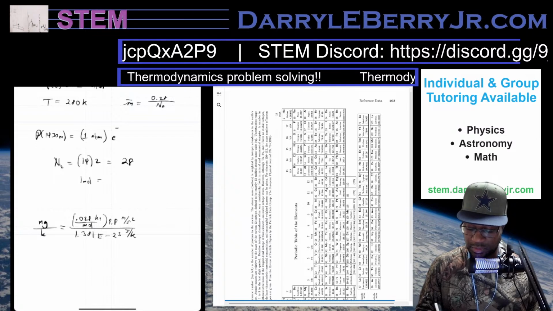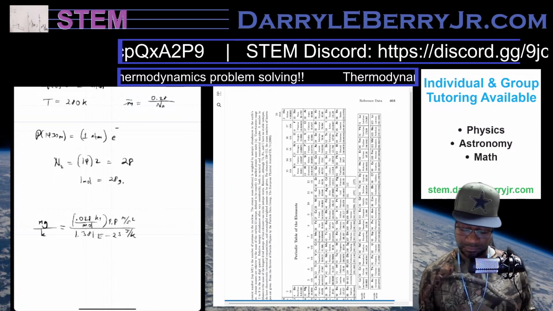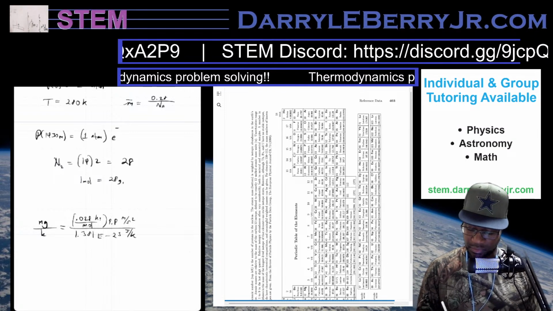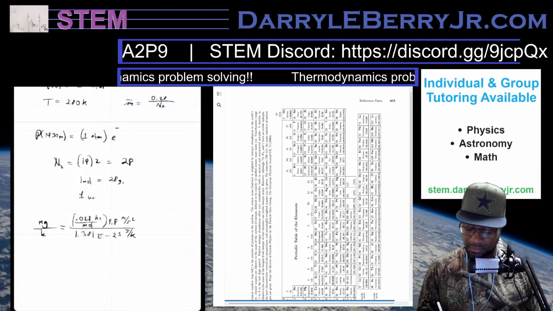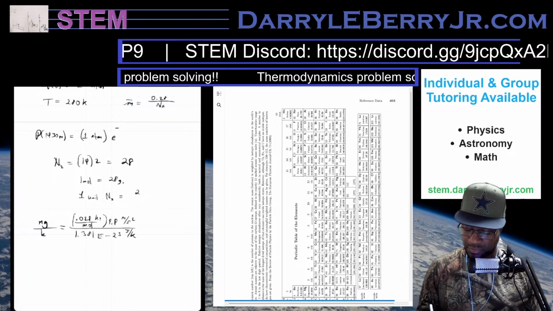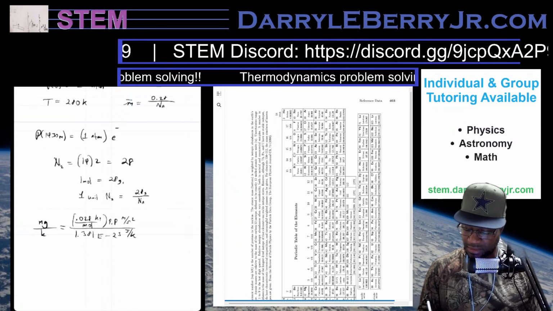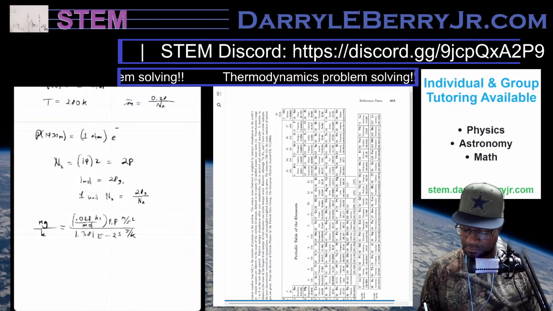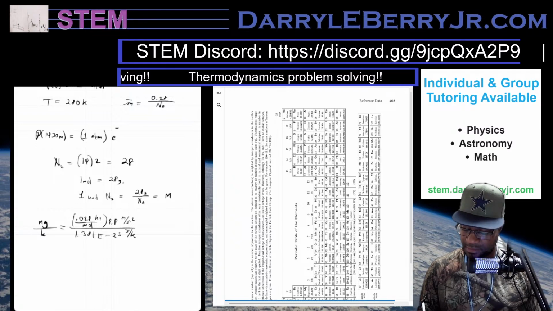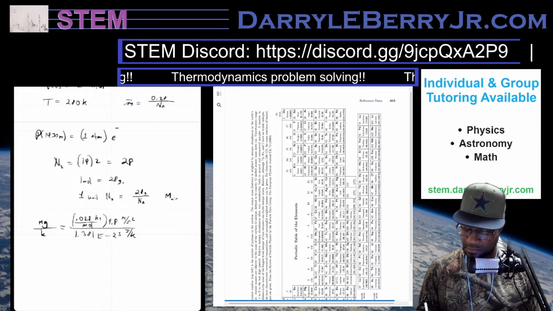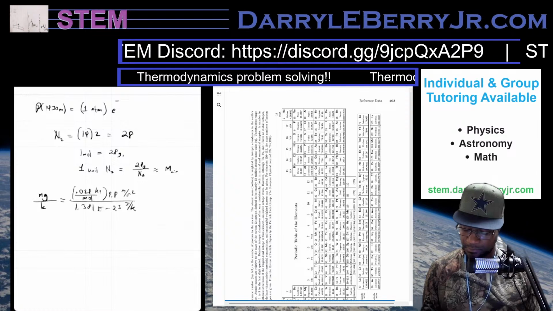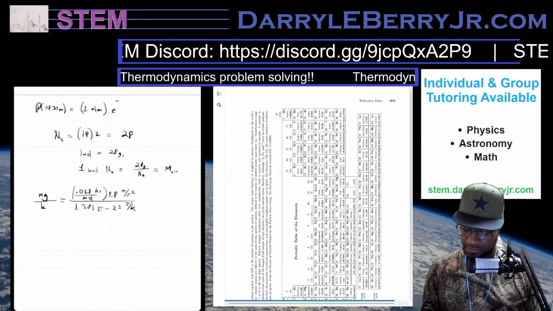So 1 mole equals 28 grams. So 1 unit of N2 equals 28 grams divided by N_A, equals mass of air, just about 28 grams divided by a mole. I have that here.